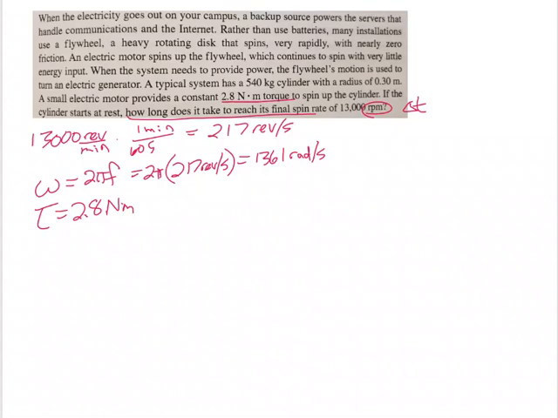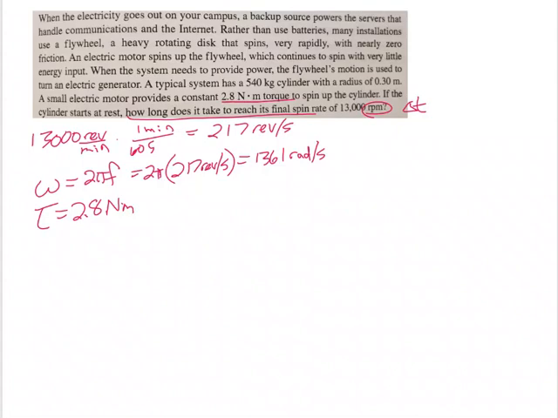So we can go a couple different directions here. How can I get delta t? Do we have any formula that allows us to do that? Well, there's delta theta equals omega delta t.